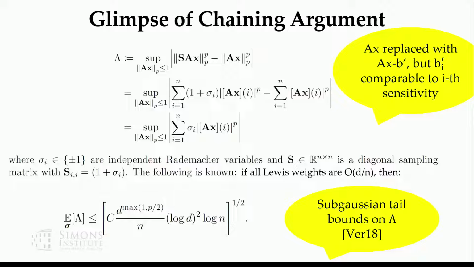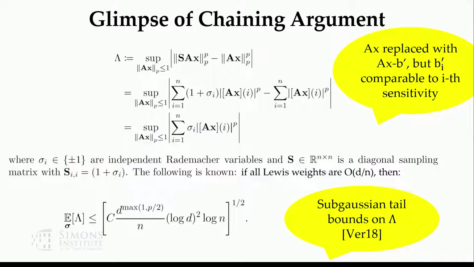And so that's roughly what goes on in chaining in the non-active setting, in the standard setting. By the way, this expectation also comes with sub-Gaussian tail bounds. Vershynin has a nice discussion of that. You get a sub-Gaussian concentration for this supremum.